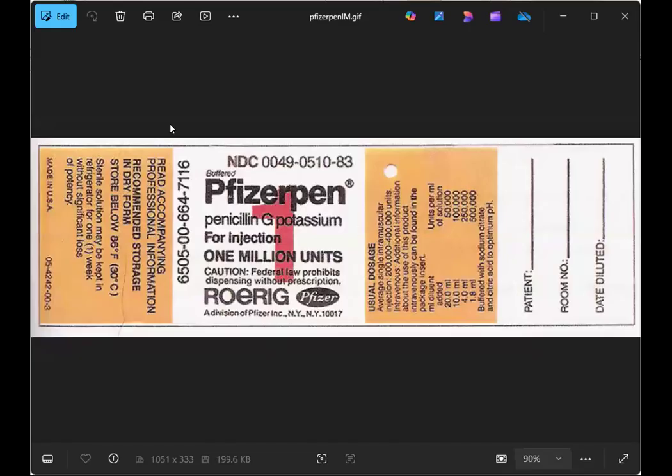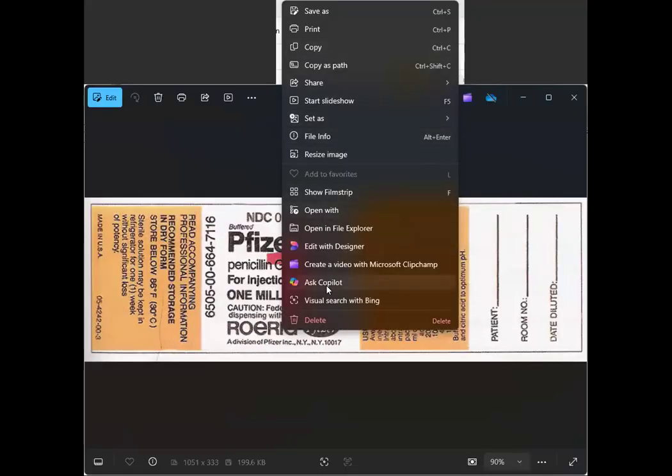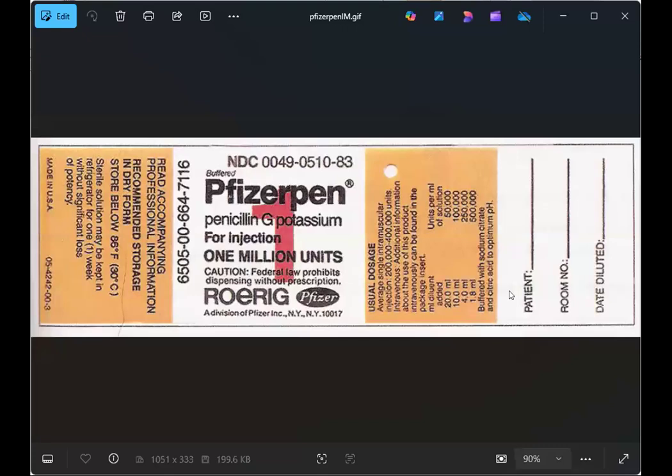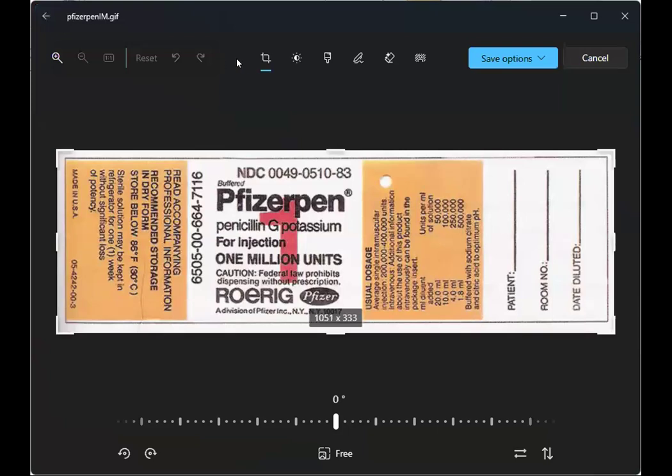So I'm going to try and rotate this image if it'll let me. Okay, of course it's not going to let me. If I look over on this aspect, if I could rotate, oh, here we go. Maybe it'll let me do this. There we go. Now I should be able to rotate it. Here we go.